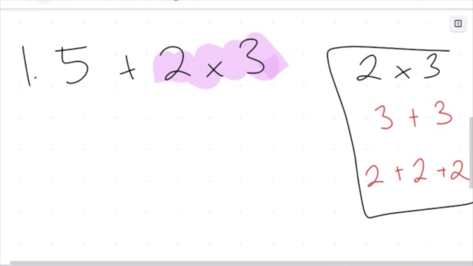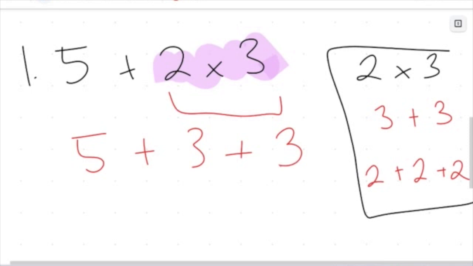So this particular thing here, 2 lots of 3, this is like writing my 5, and this is like writing my 2 lots of 3 as, let me just fix the position of this. This is like saying 5 plus, and 2 times 3 is like saying 3 plus 3.